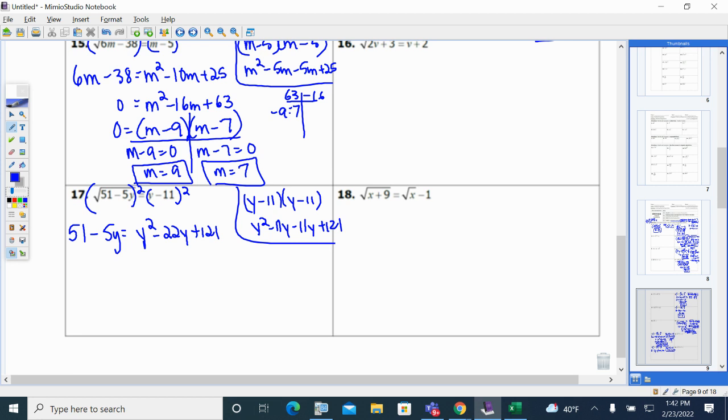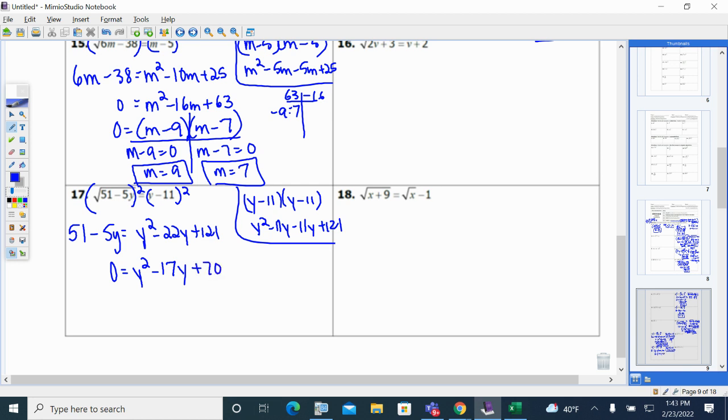I'm going to bring the left side to the right side to get 0 equals y squared minus 22y plus 5y. Negative 22y plus 5y is negative 17y. And then 121 minus 51 is going to be positive 70.